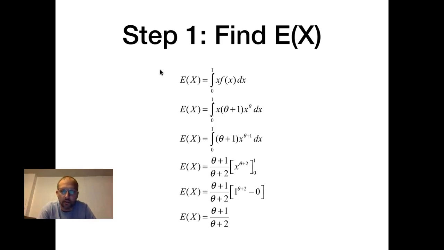So the expected value is the integral from 0 to 1 of theta plus 1 times x to the theta plus 1 dx. When I take the integral and simplify it, I get the expected value for this sample is theta plus 1 divided by theta plus 2. That's just from the PDF and from the definition of expected value.